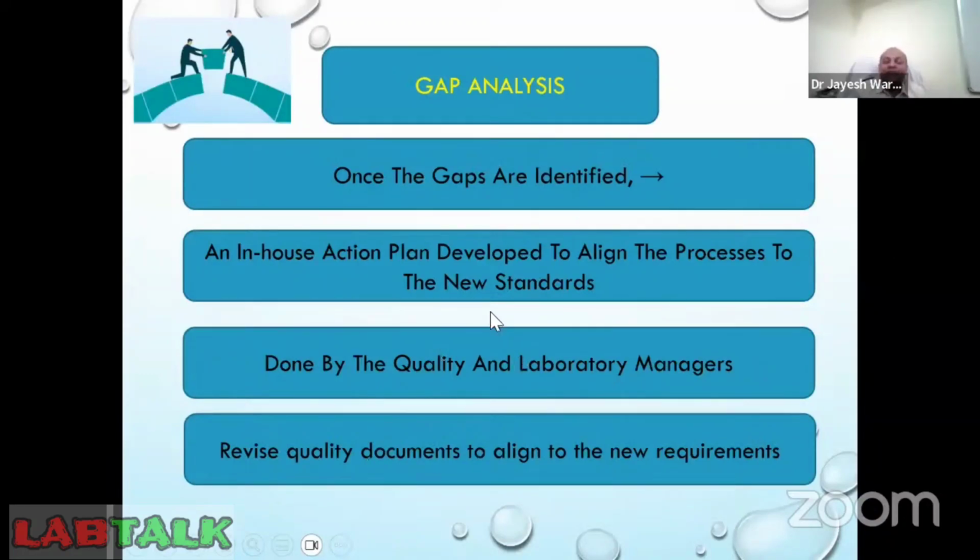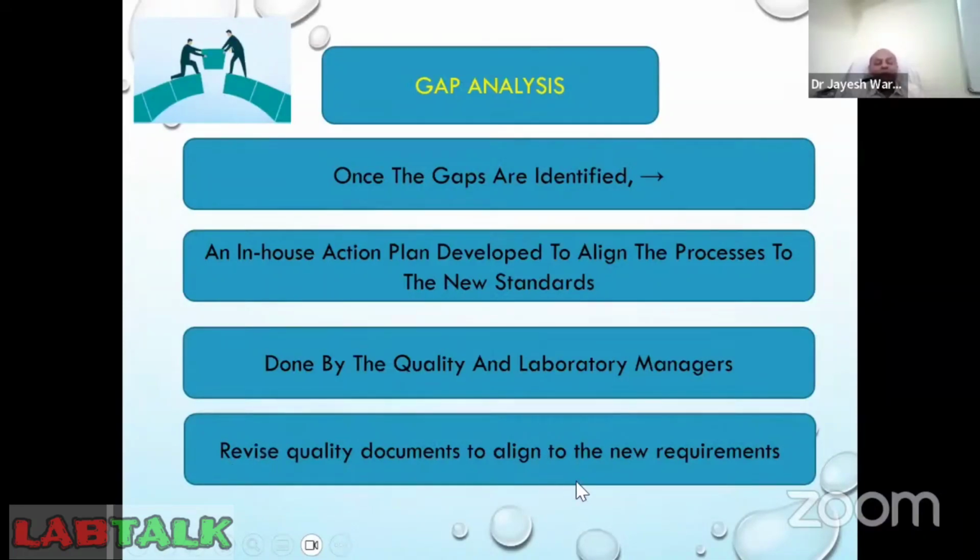As per the action plan, whatever new processes or procedures are created, wherever procedures were redesigned, new processes implemented, or processes modified, you have to revise your quality documents. You must revise the quality documents as per the new requirement, because as you can see, there is a complete change in the structure of the standard.